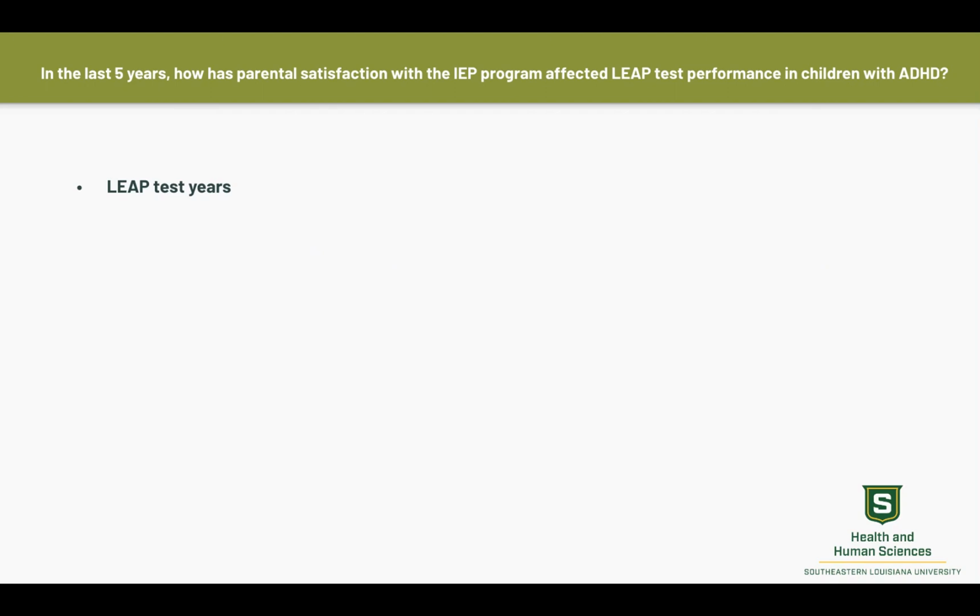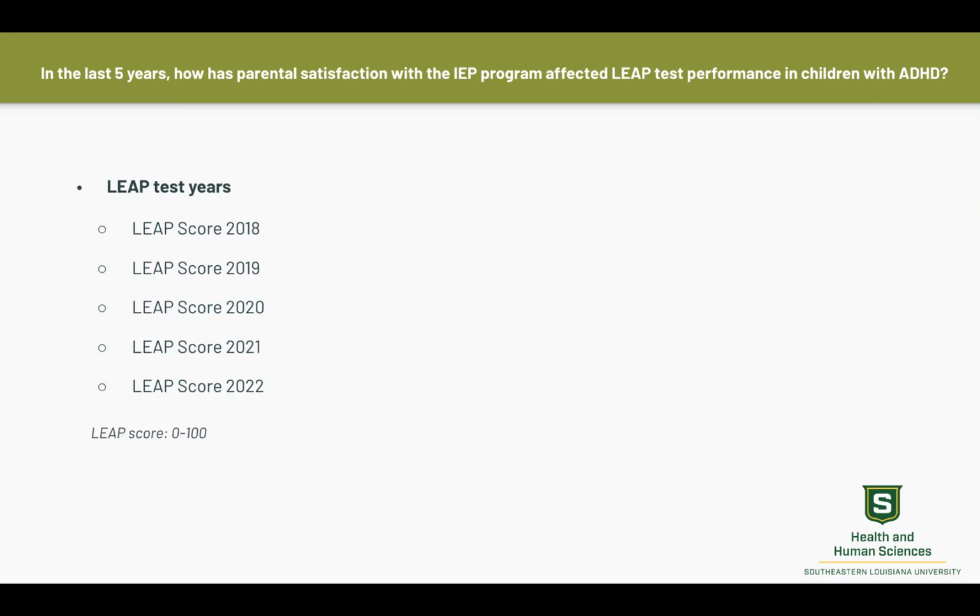We're going to be starting from 2022 for this data set, and going back 5 years, that would give us LEAP scores for 2018, 2019, 2020, 21, and 22. So we have our 5 years of LEAP performance. These variables will be measured by a LEAP score of 0 to 100, making it such that there will be numerical values for these variables.